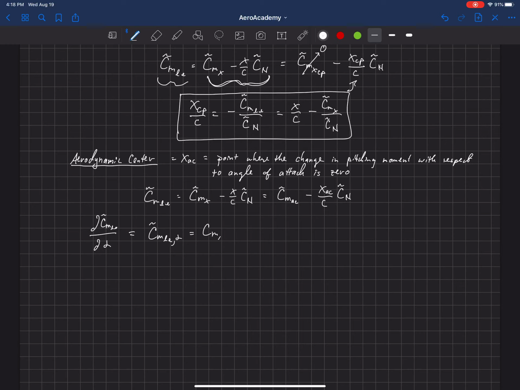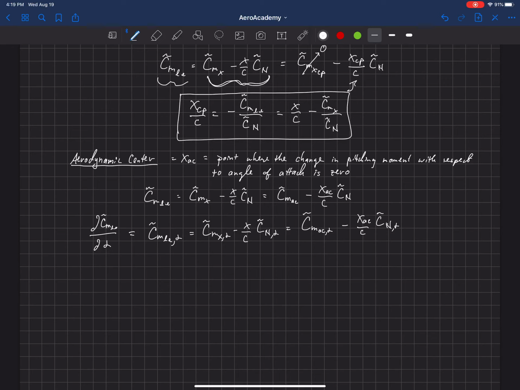So it's going to be CMx comma alpha minus, now x over c is not dependent on alpha, but the normal force is, so it's going to be Cn comma alpha there. Is equal to, and I can take the derivative of this next guy, the pitching moment at the aerodynamic center with respect to alpha, minus XAC over c times Cn alpha there.